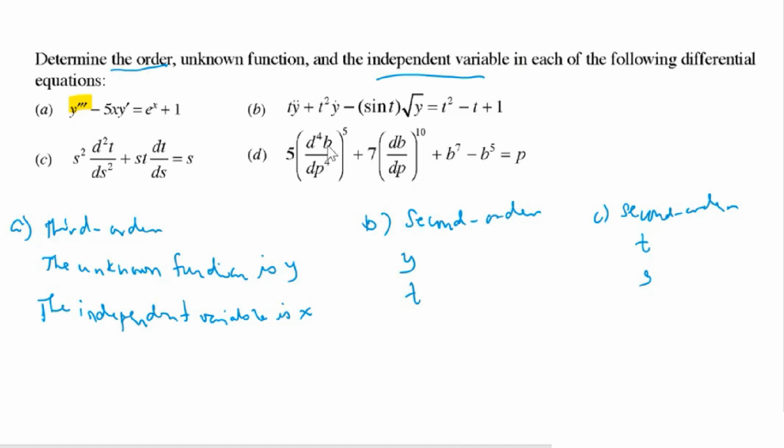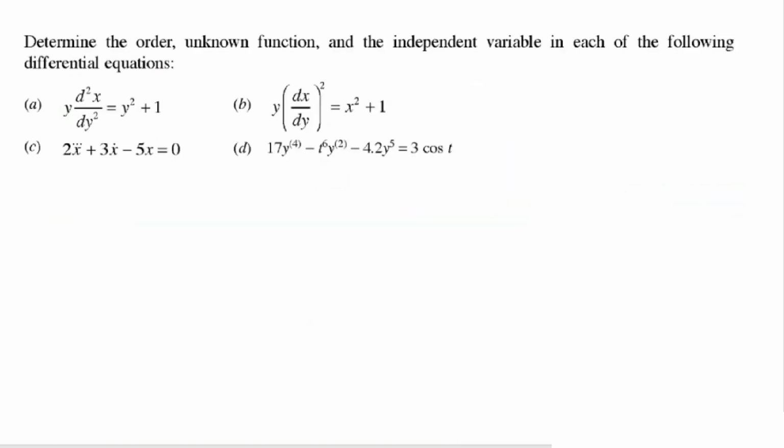The unknown function is b, and the independent variable is p. So you just practice this one. This is now similar to the first examples a while ago.